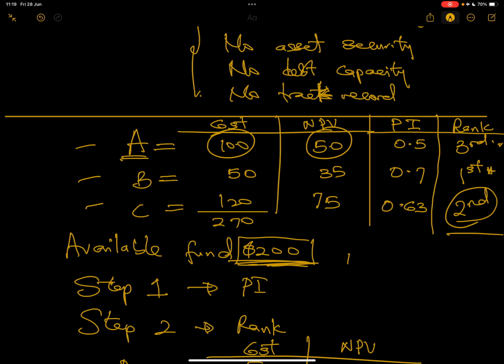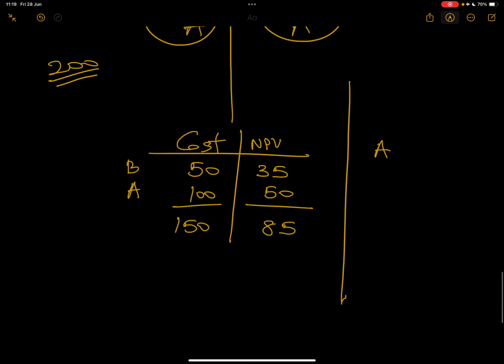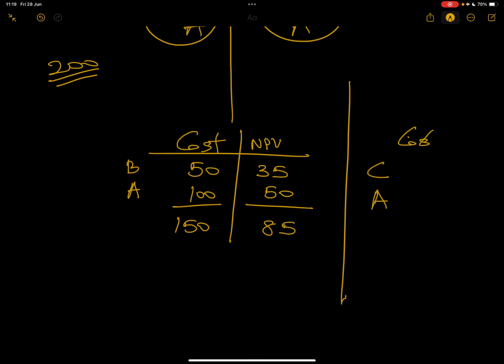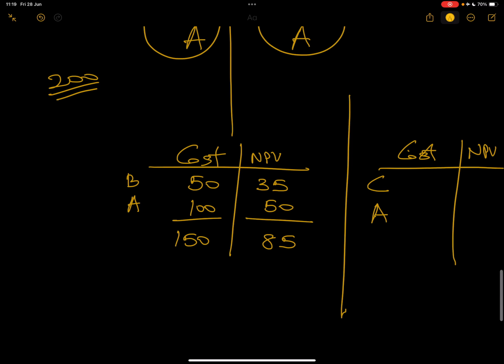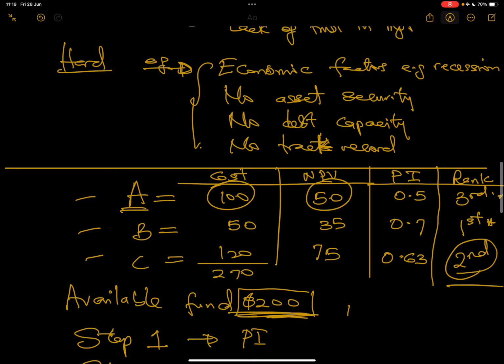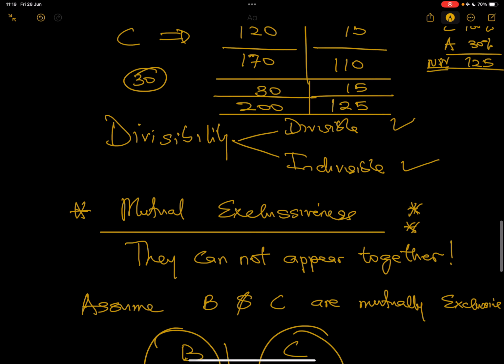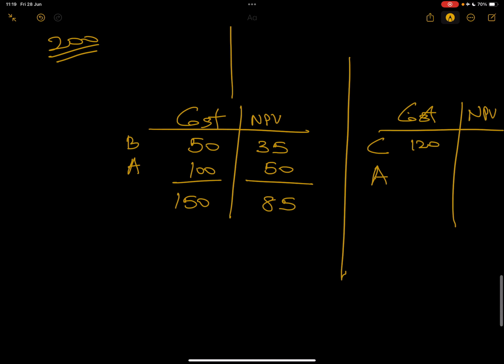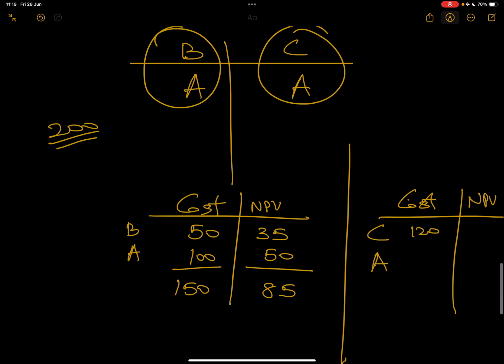C actually ranks better than A, so you do C first before you do A. And if you do your cost and NPV, the cost of C is 120 with NPV of 75.